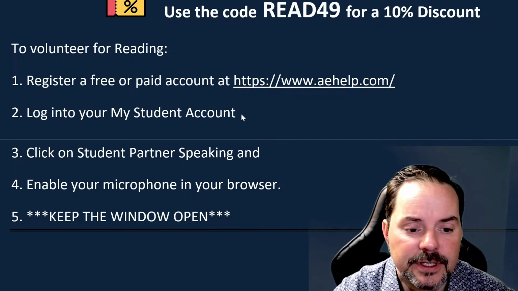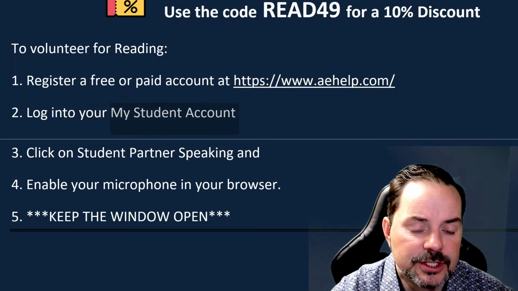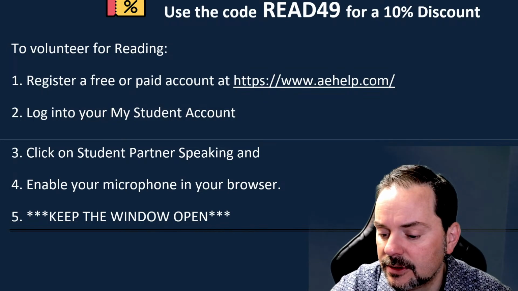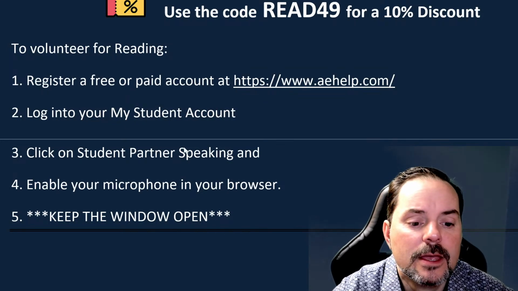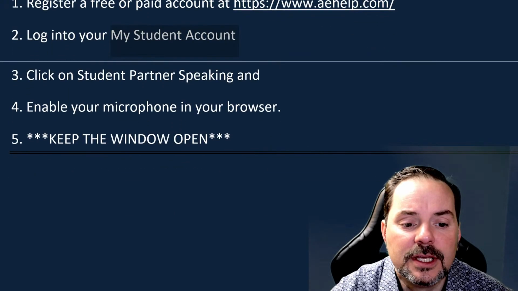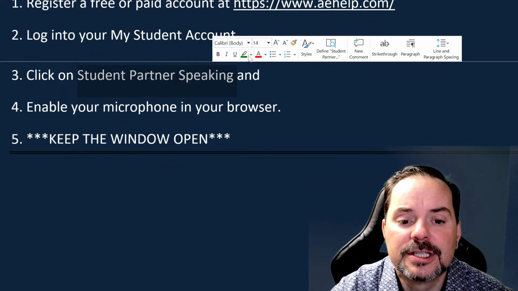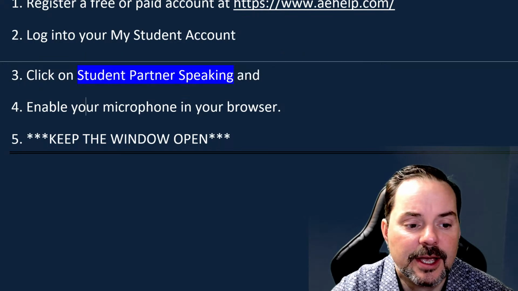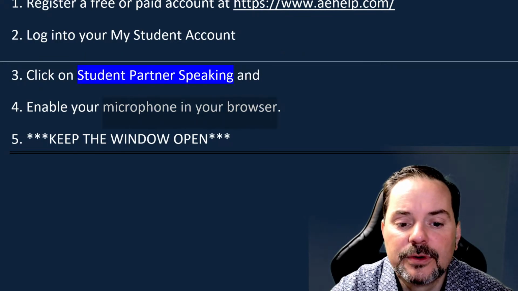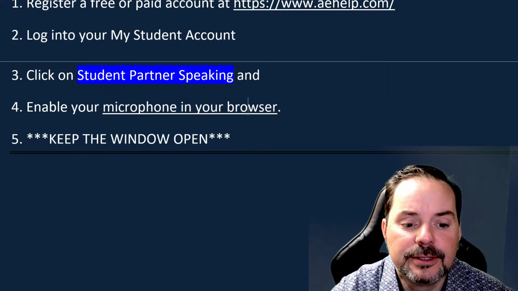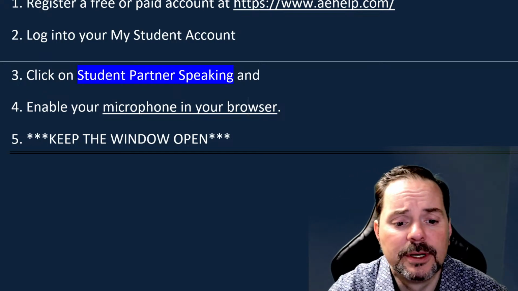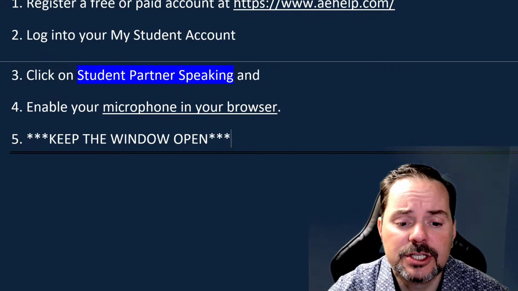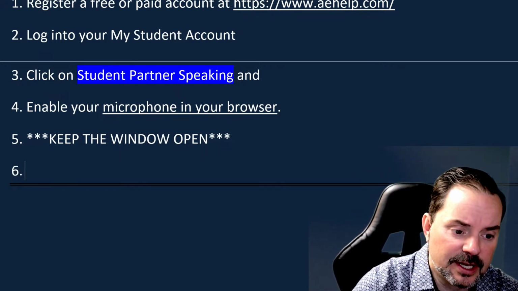You can do this for free. Log into your My Student account. I'm going to show you how to do this in just a moment. Click on the student partner speaking function. It's going to be a blue button. Okay. Make sure that your microphone is enabled in your browser and keep the window open. In case you have difficulties, just refresh the page.